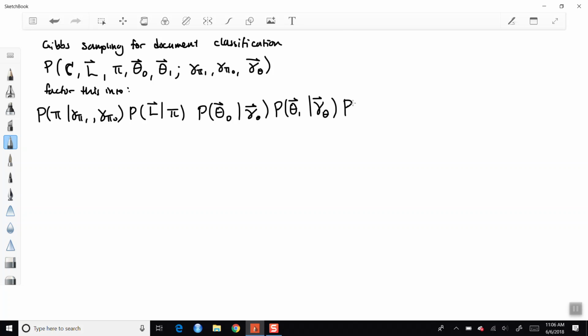And after we've drawn the word probability vectors, we can draw the corpus of documents labeled 0, given our word probability vector theta 0 and the document labels, and then the corpus of documents labeled 1, given our word probability vector theta 1 and our document labels as well.